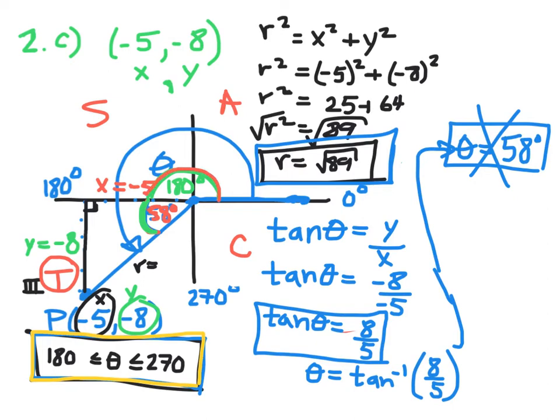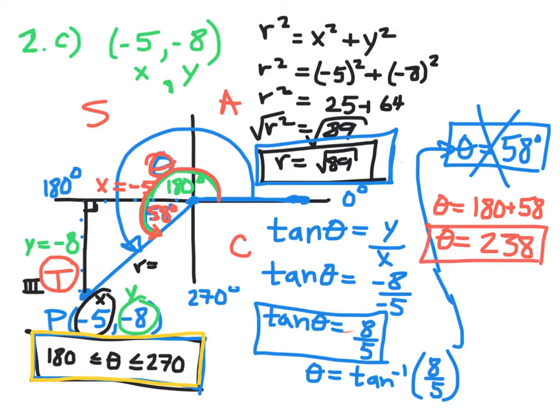We have 180 and this 58 to equal this theta. Okay, so the way we're going to fix this is theta is going to be the 180 plus that related acute angle of 58 degrees. And so the answer is 238 degrees.